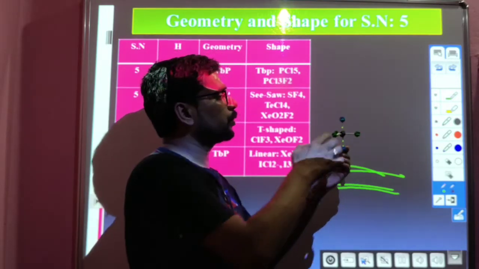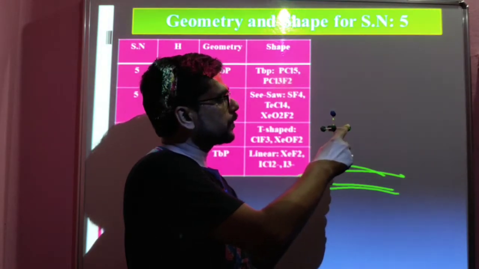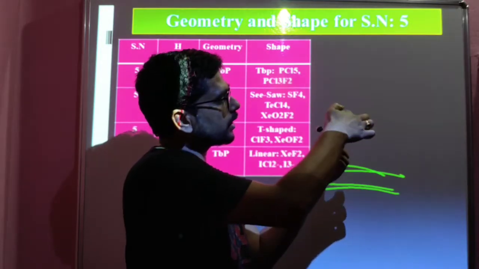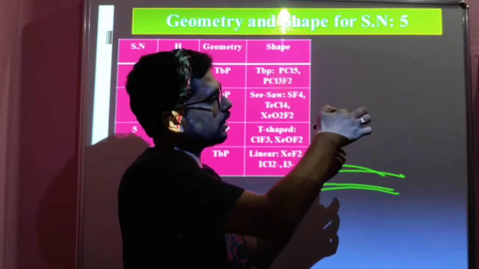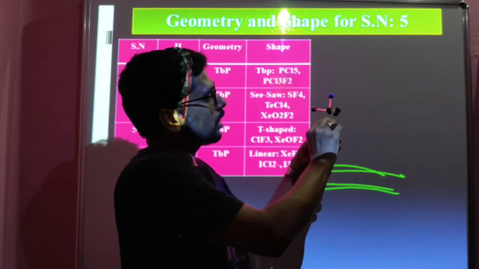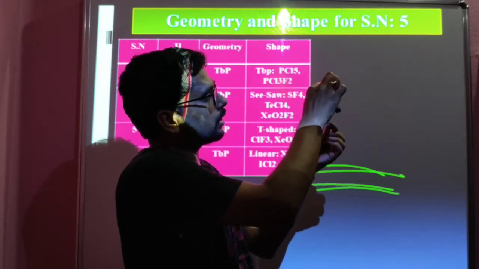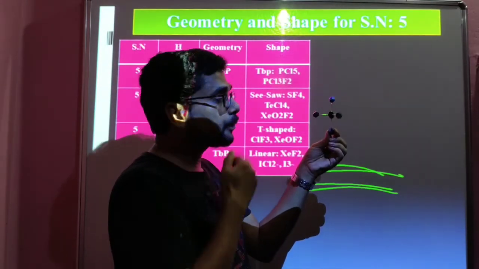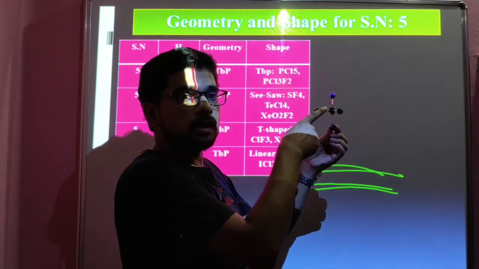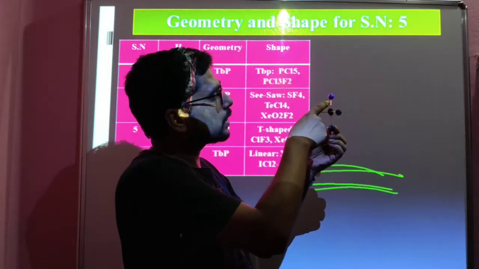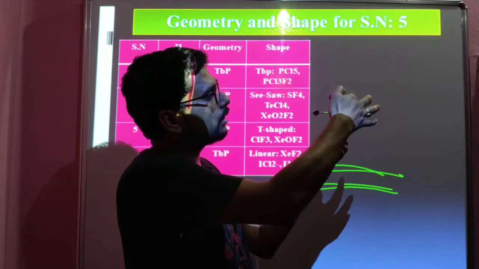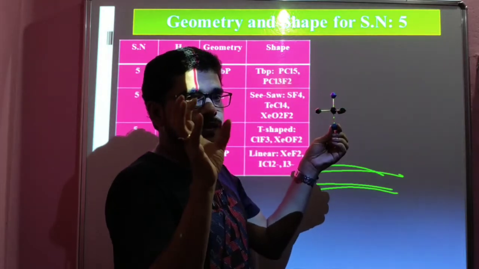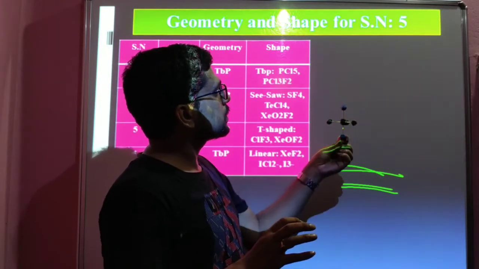This is P, central atom, Cl, Cl, Cl. This is trigonal plane, equilateral triangle. This one 120, 120, 120. And one more Cl here, one Cl here, one Cl here. Okay. How many 90 degree angles are here? 1, 2, 3, and from here 1, 2, 3. So 6 90 degree angles. So this is the shape of PCl5.